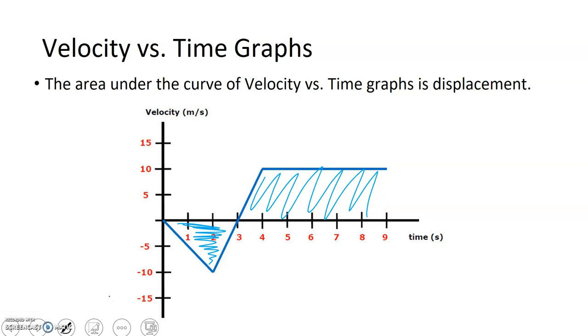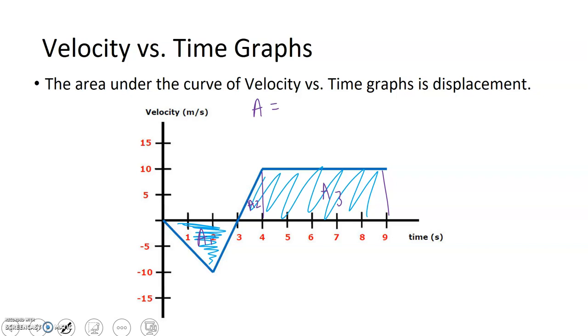It is often beneficial to split up your graph into shapes that you know how to find the area of. So I would split the total area into 3 shapes. I would say area 1, area 2, because that's a triangle, and then finally area 3, I can study that rectangle.